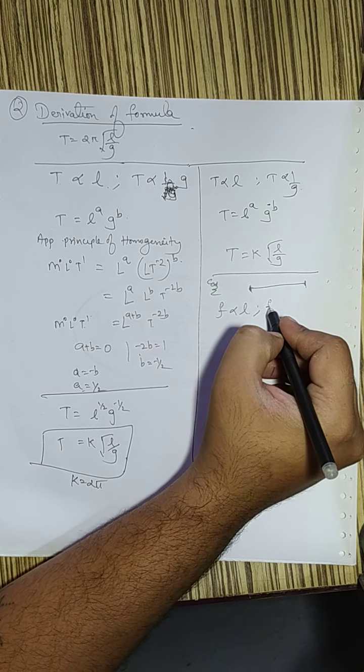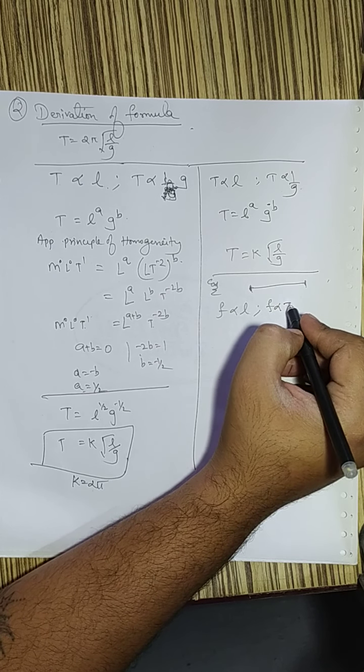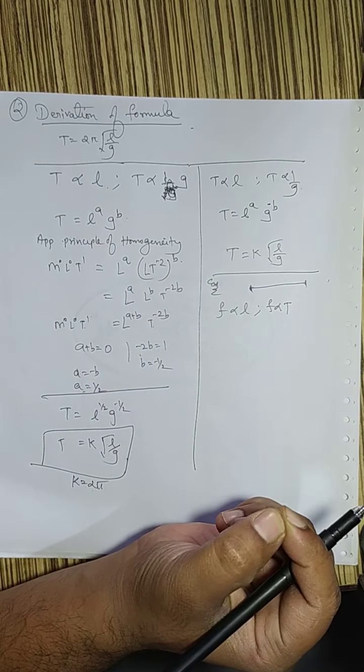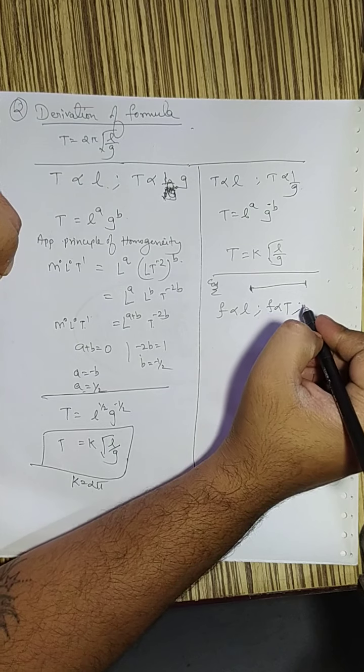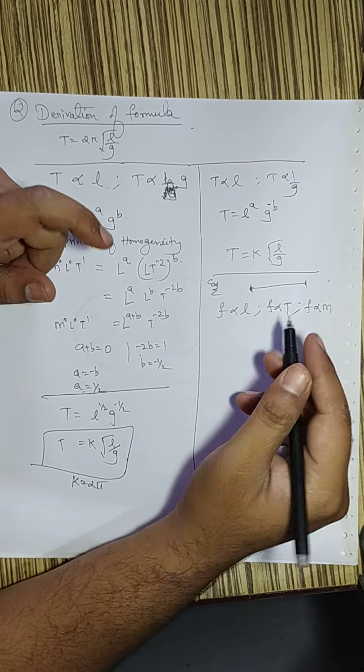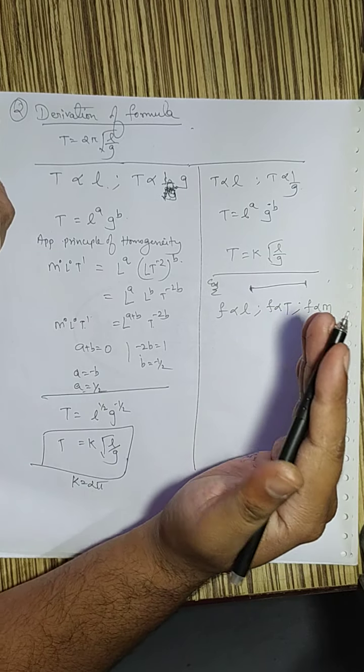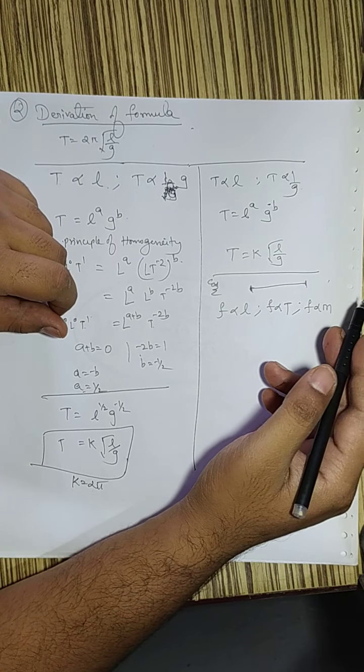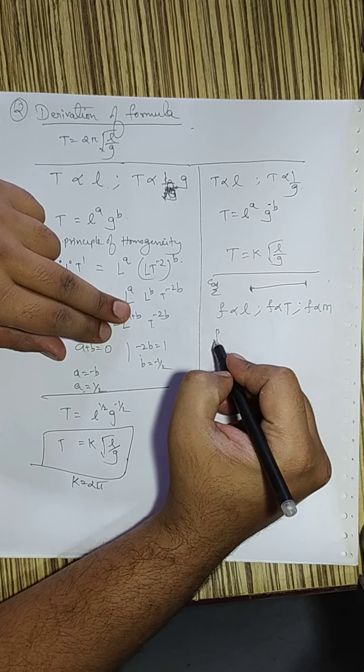It is also dependent on the tension in the string, how much tension it is, and on the mass of the string. If the mass of the string is more, then the vibrations again get affected. So let us find out the formula for the frequency.